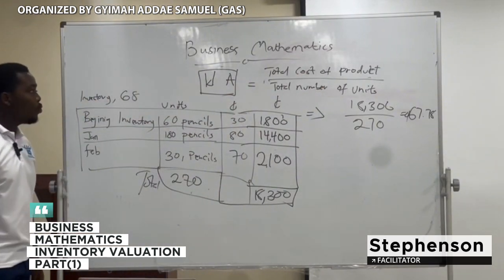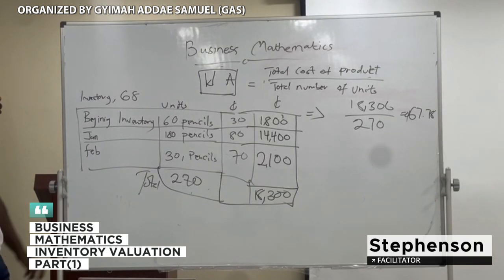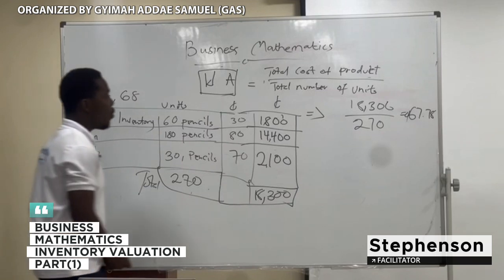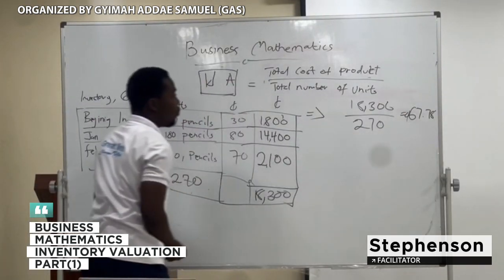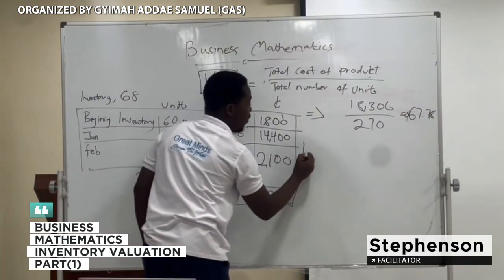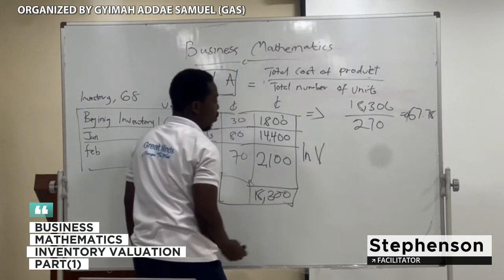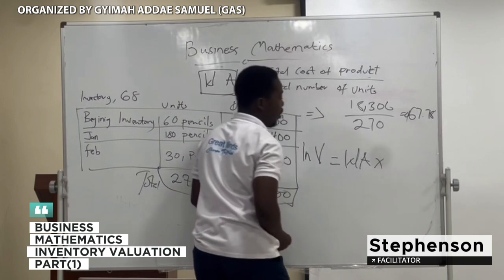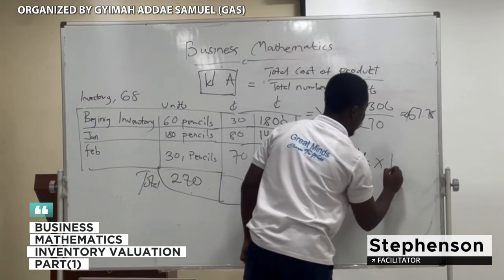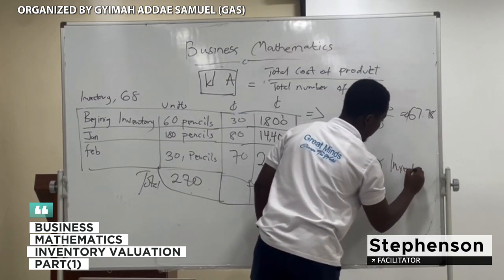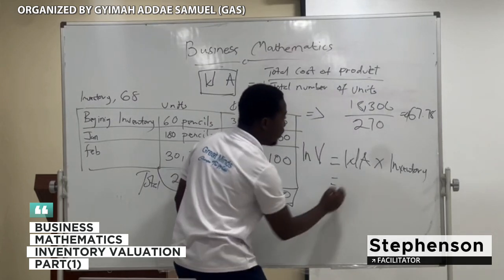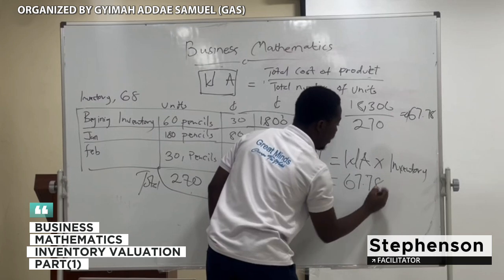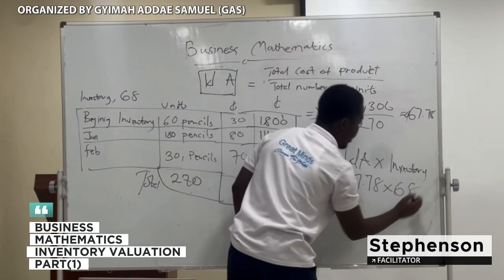So now we have to value our inventory, where we said our inventory here is 68. So just multiply our inventory by our weighted average. So inventory valuation will be equal to weighted average times our inventory. So we will be having 67.78 times 68.